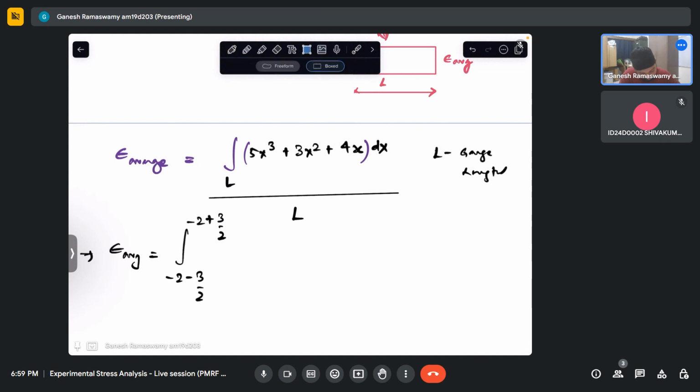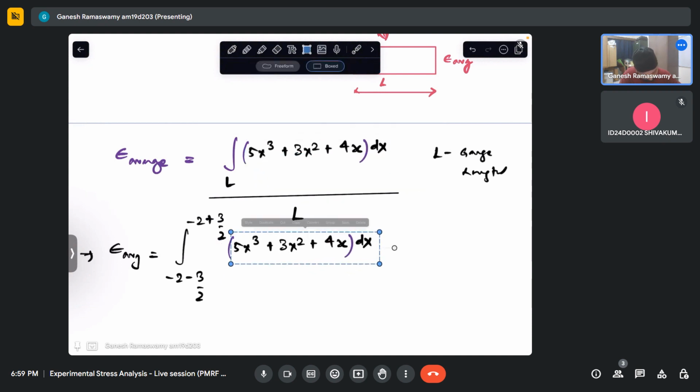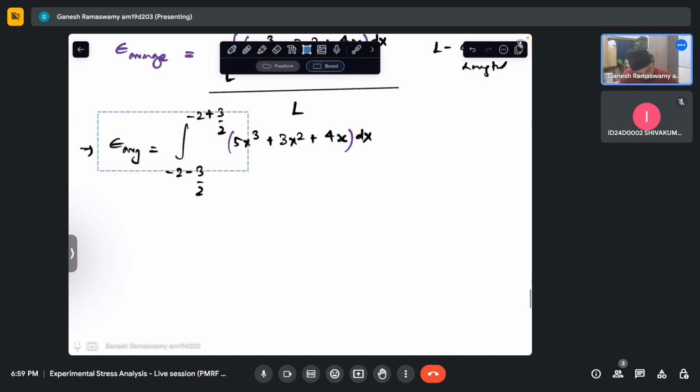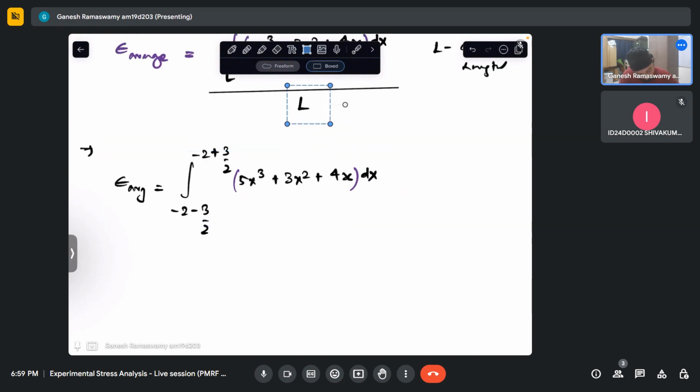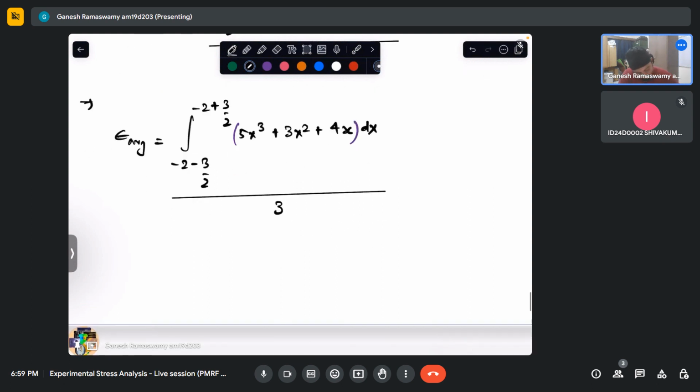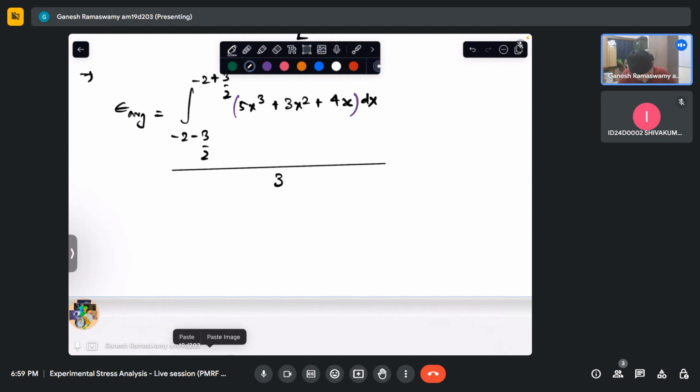Here we integrate this expression and divide the entire thing by the gauge length, which is 3 by 2 minus minus 3 by 2. Actually, this is 3. So this is a simple thing to do.